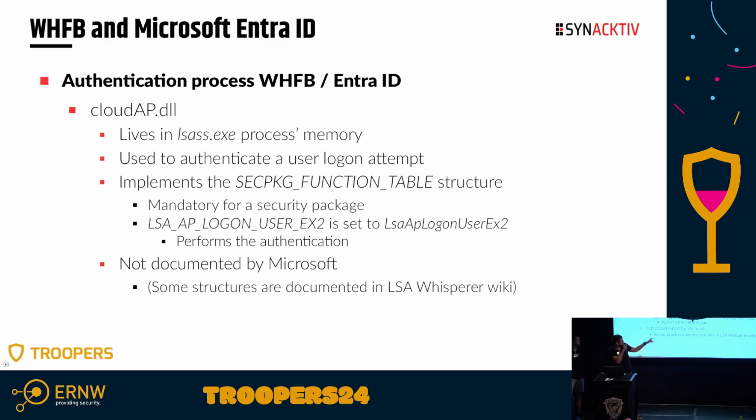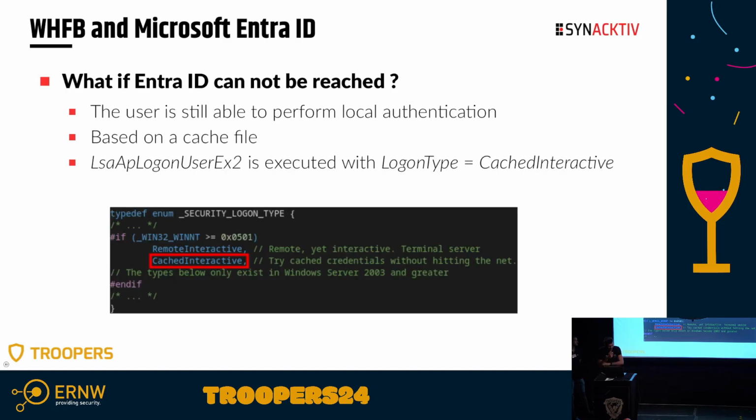It implements the SSP package function table structures like every credential provider, and the function responsible for the authentication is LsaApLogonUserEx2. It's not documented by Microsoft, as with a lot of things done by Microsoft, but you can find a lot of documentation in the LSA Whisperer wiki, since it's just a credential provider.